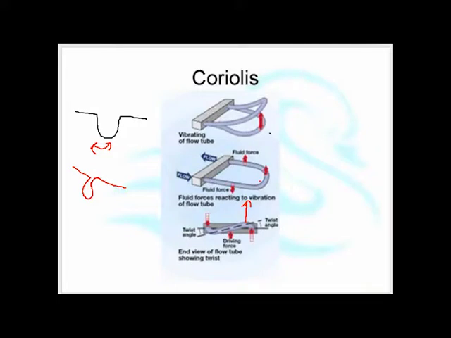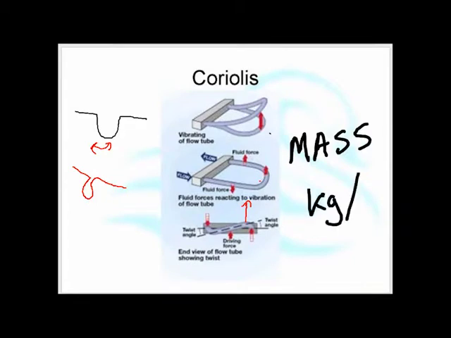If we measure that twisting, we know how much mass has just gone past. The important thing about the Coriolis flow meter is it measures mass. It measures kilograms per second.